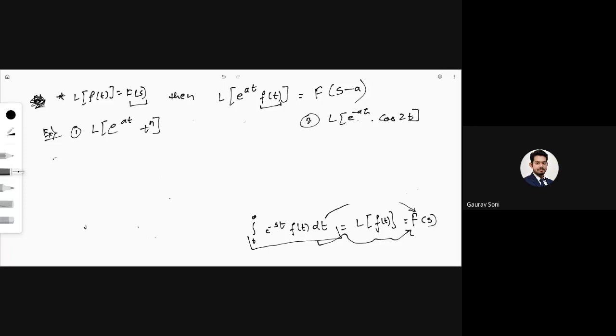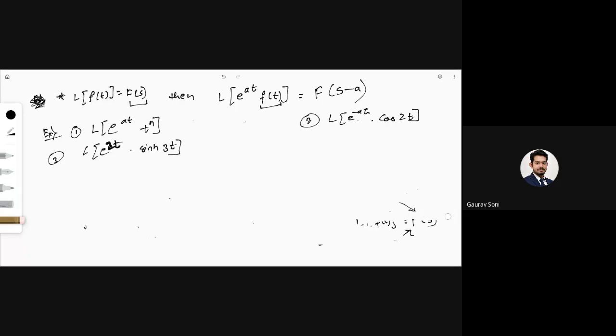Third, Laplace of e to the power at into e to the power 2t into sinh of 3t. So we need to find these as examples. The first one, if I want to find Laplace of e to the power at into t raised to n, how can we use the first property? Anyone?